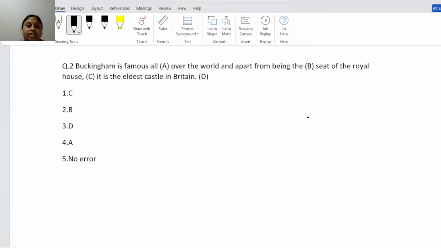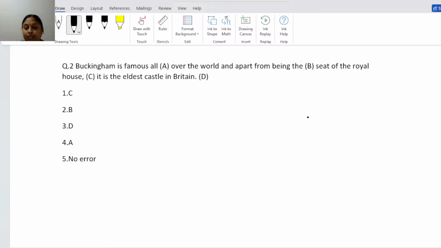Now let us go for the second question. Buckingham is famous all over the world and, apart from being the seat of the royal house, it is the eldest castle in Britain.